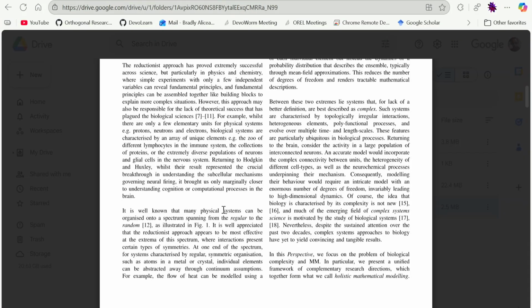We know that many physical systems can be organized onto a spectrum spanning from the regular to the random. And we'll get to figure 1 in a minute, but they illustrate that in figure 1. It is well appreciated that the reductionist approach appears to be the most effective at the extrema of the spectrum, where interactions present certain types of symmetries.